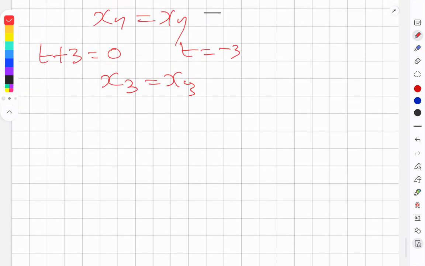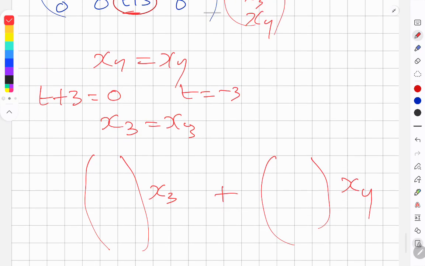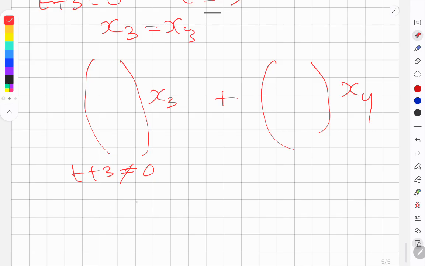So now you will have some solution which depends on x4 and x3, and some solution which depends on x4. In this case, if your t plus 3 is not equal to 0, then we have only x4. Anyway, you will have infinitely many solutions, no matter whatever the t value is.